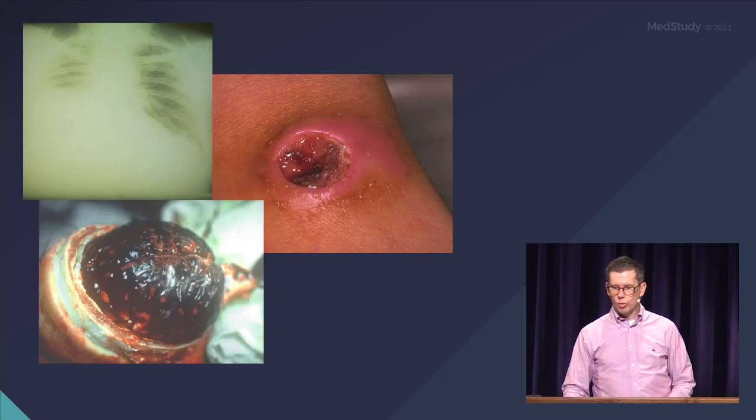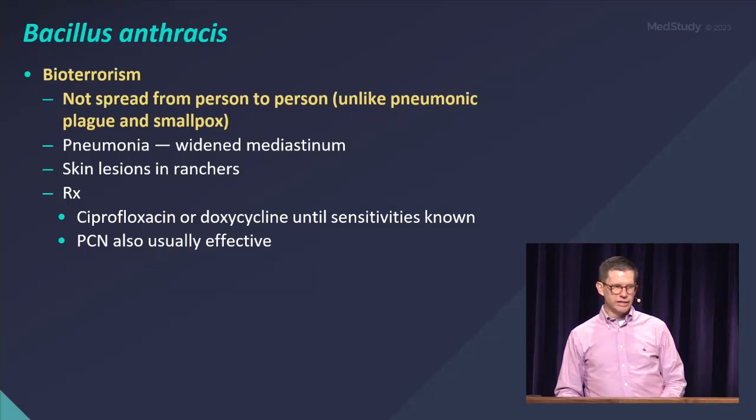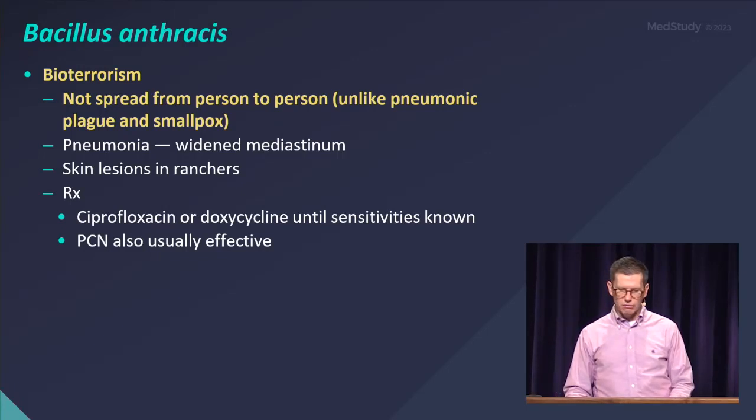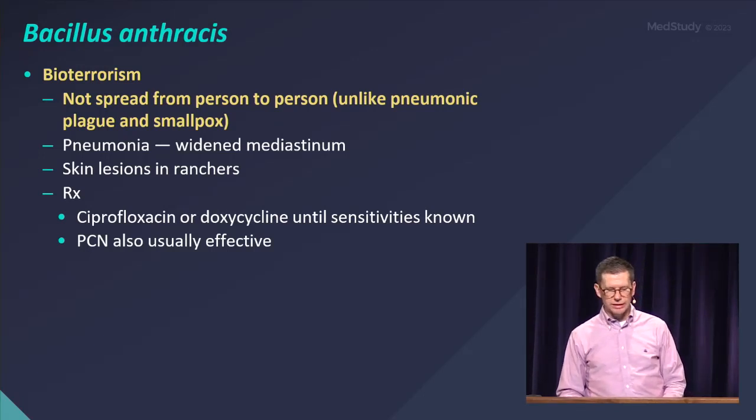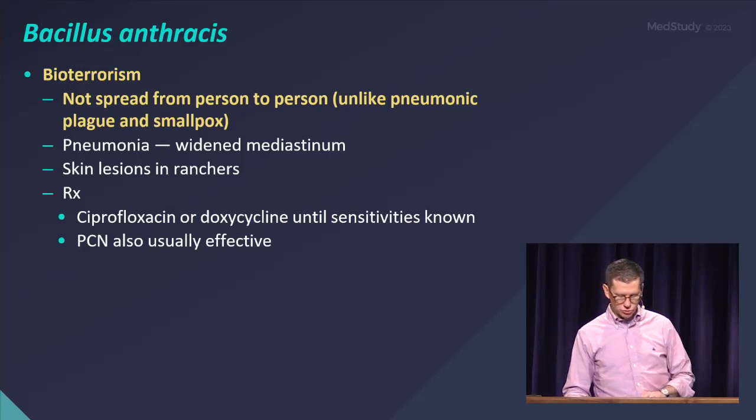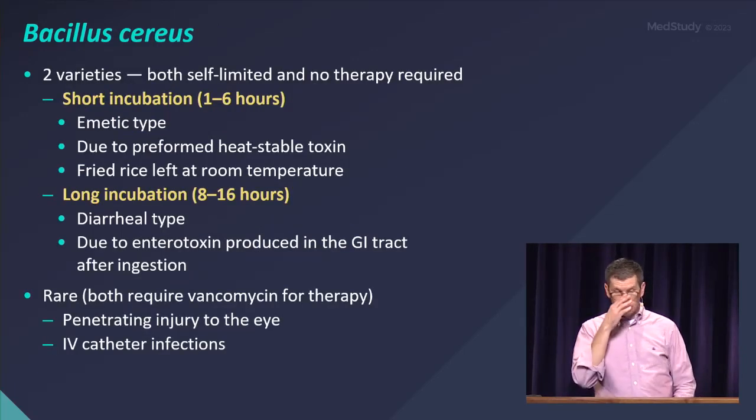The chest X-ray shows a widening mediastinum that you can sometimes see with pneumonic anthrax. This is a bioterrorism agent, as you probably are all aware, but it cannot spread from person to person, unlike pneumonic plague and smallpox. The treatment is usually a quinolone like Cipro or doxycycline, although if you get susceptibilities that show it's sensitive to penicillin, that's what you would go with.